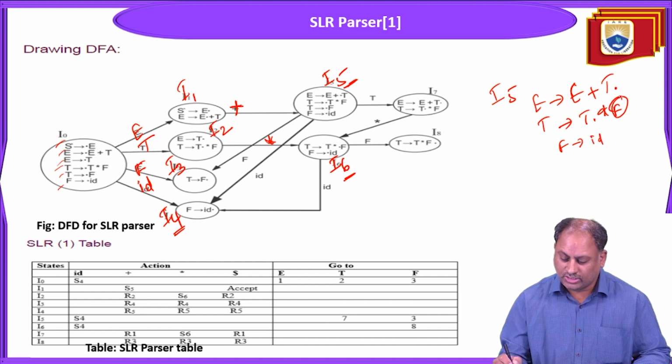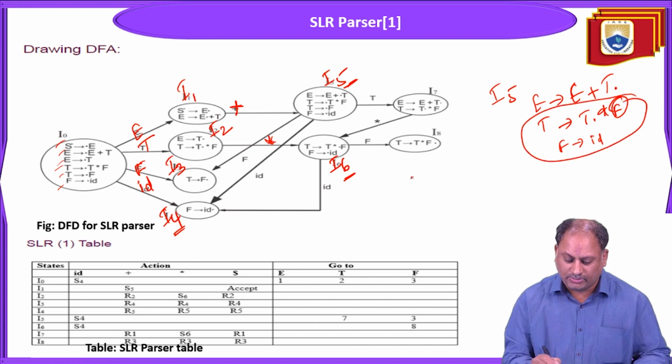So we write T derives T star dot F and F derives ID. These two can be written, and they are the same as the closure operation I6. So we have written I7.